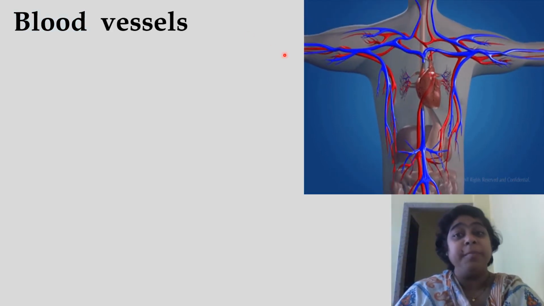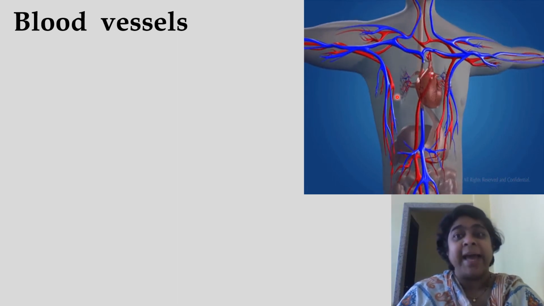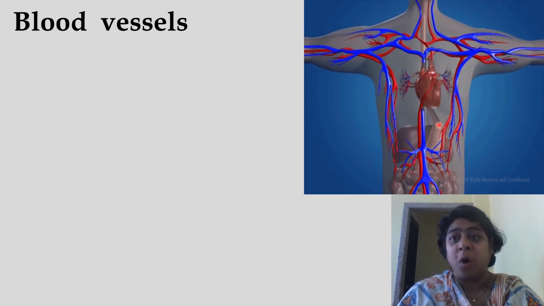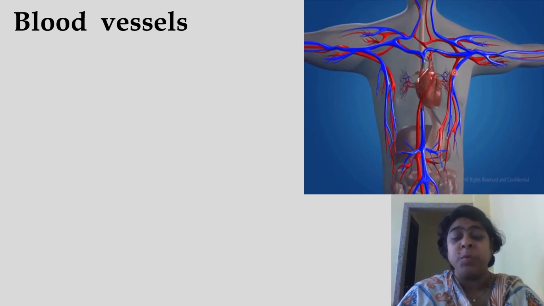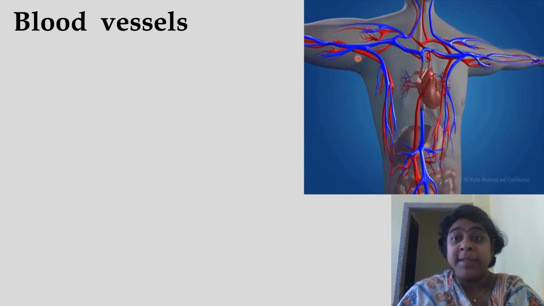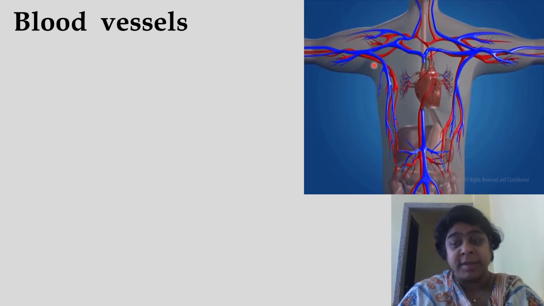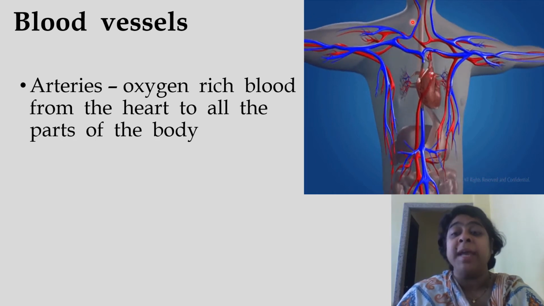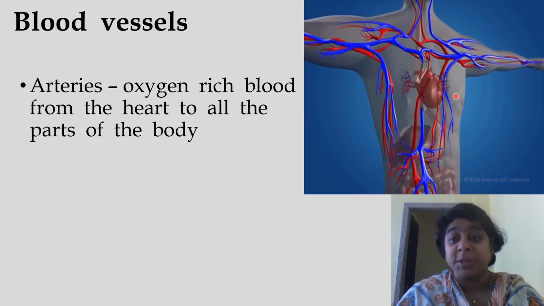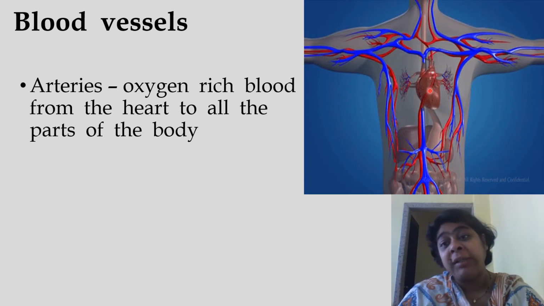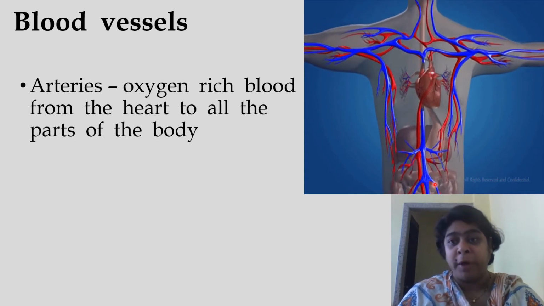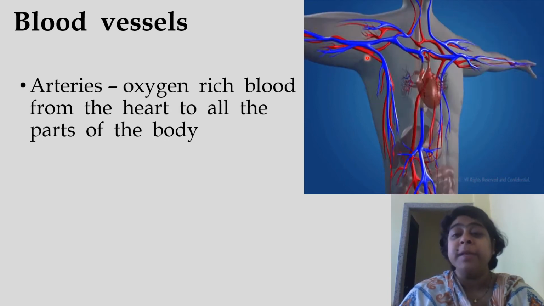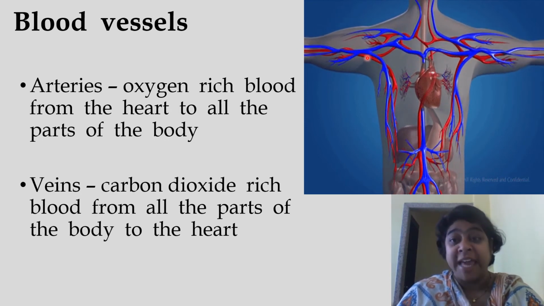Now children, if you remember, in the previous slide I had told you what these networks are called. These pipes, these tubes, what are they called? The red ones are called arteries, and they are red because they are carrying oxygen rich blood from the heart to the other parts of the body. And what did I tell you about these blue tubes? They are called the veins.